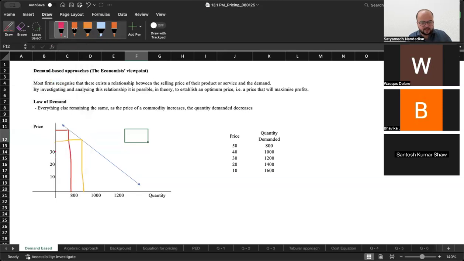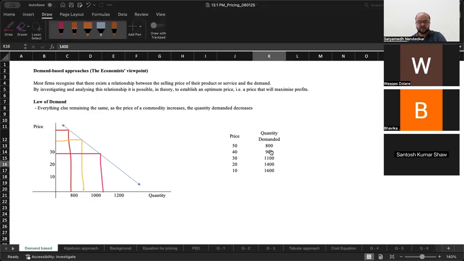For price 30, the quantity demanded is higher still. So I have represented this on a graph paper. This is what it would look like. So this is my demand curve represented graphically.